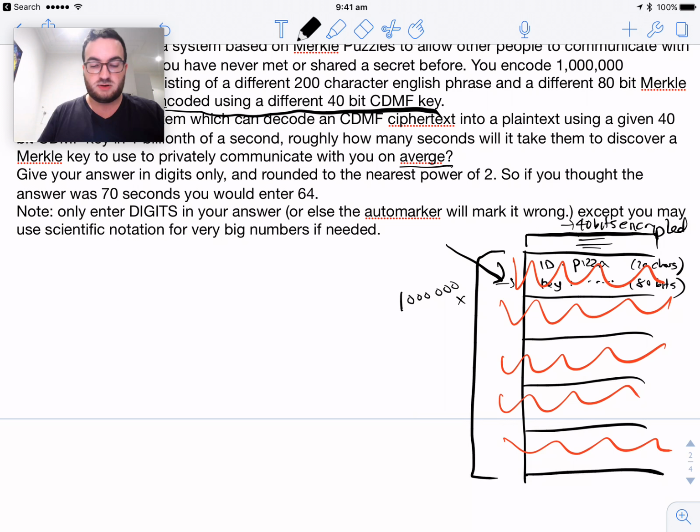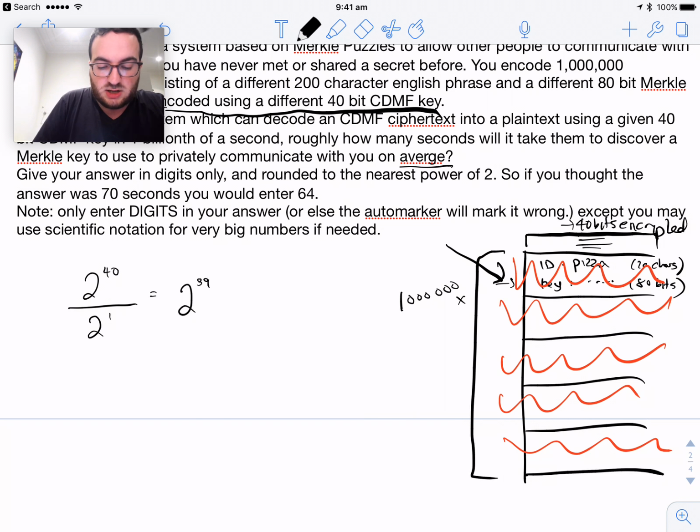Now, on average, remember when something has 40 bits, we get it in half the time. So the amount of work I'm going to have to do is half. So the total number of things I'm going to have to brute force is 2 to the 40, and then I'm going to have to do half of that. So 2 to the 40 means I'm going to have to brute force 2 to the 39 potential passwords before I get it.